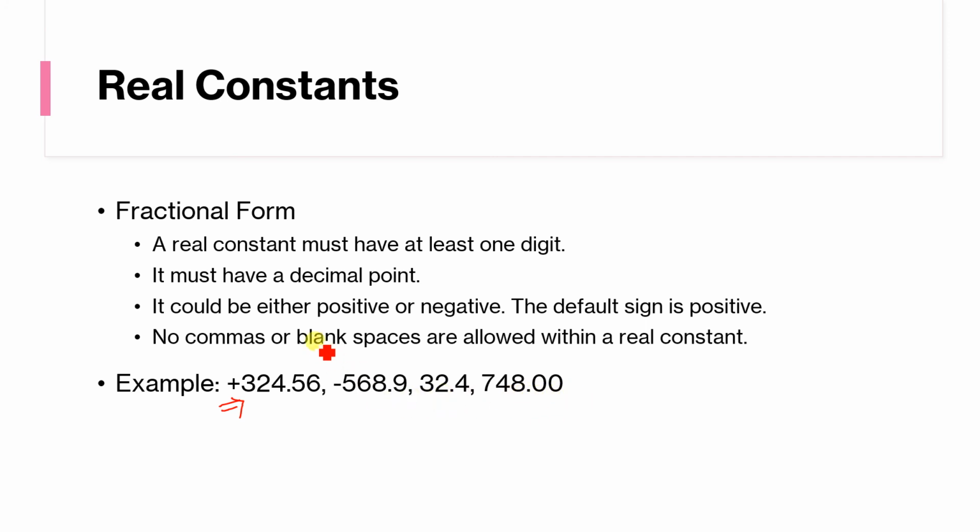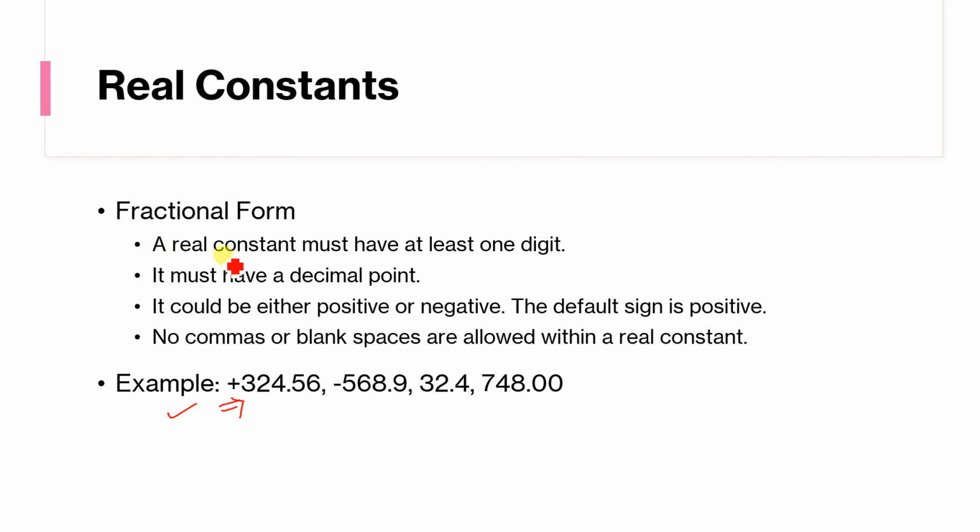These are called the fractional form. So whenever you write a constant like this, it is represented in fractional form. Whenever you write these values to store inside a program, or supply them directly to a program, or store them inside a variable, you should follow these rules.